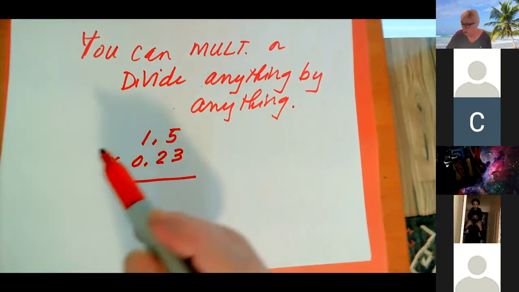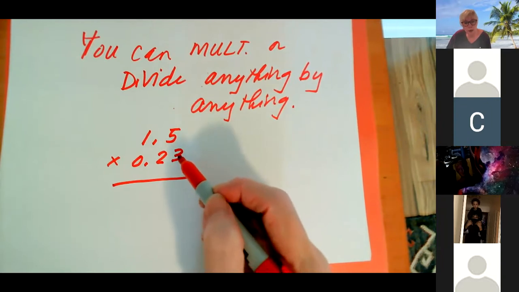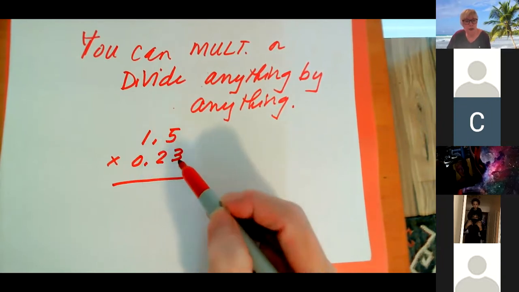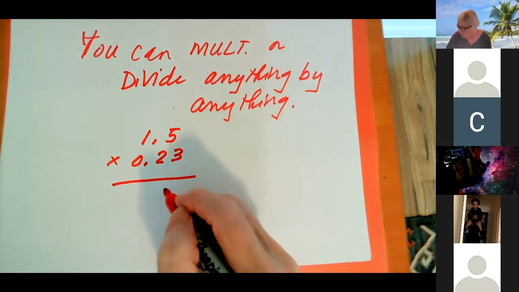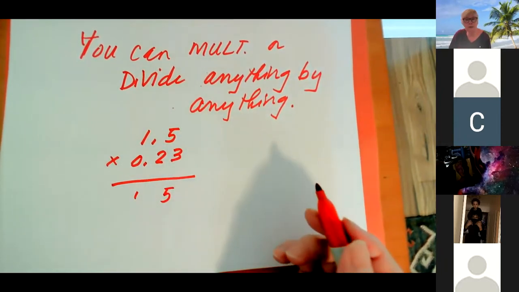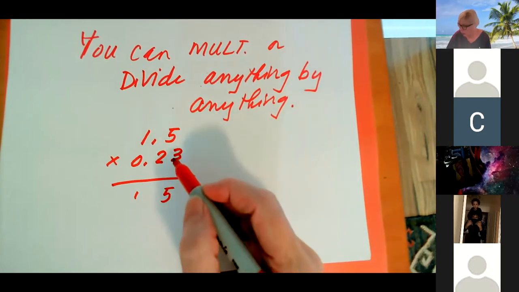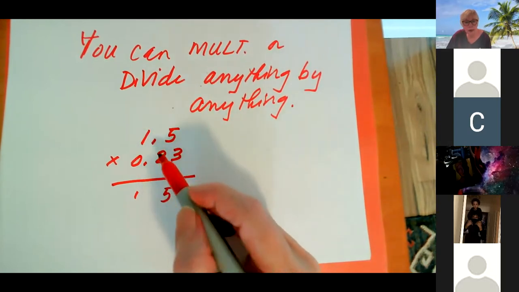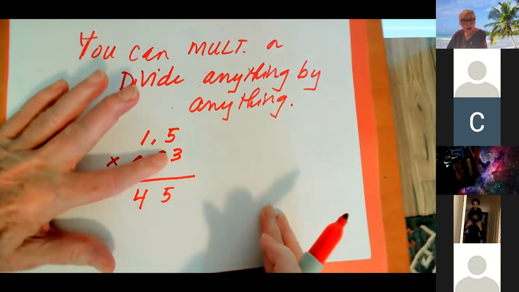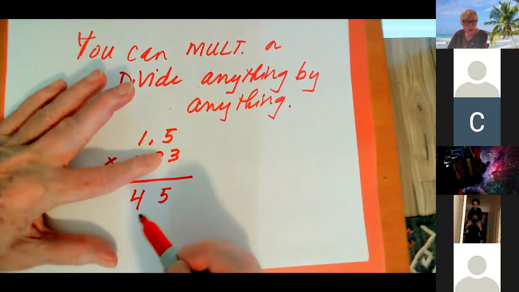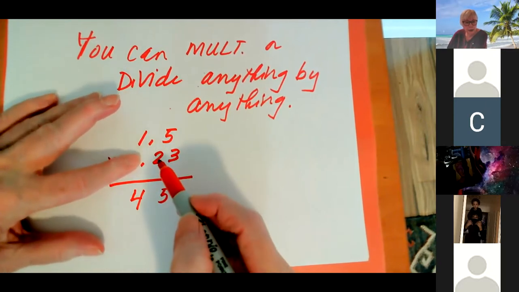Okay? So this is what I'm going to do. I'm going to multiply it just like it's 15 times 23. So 3 times 5 is 15, carry a 1. 3 times 1 is 3 and 1 is 4. So that's what I got when I multiplied 3 by 15, 45. Then I take the 2.